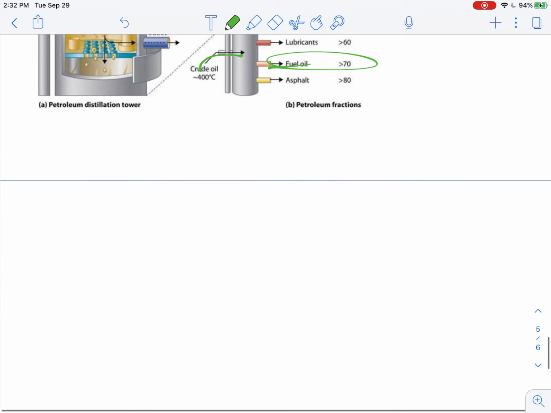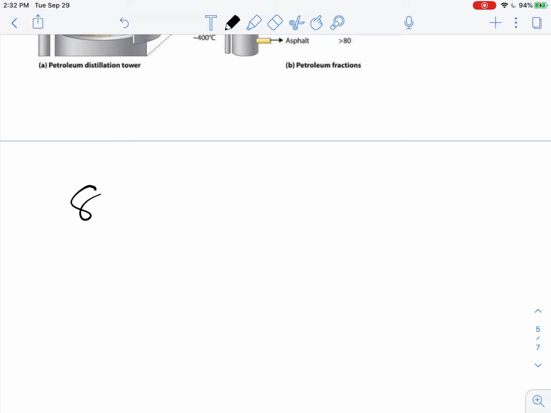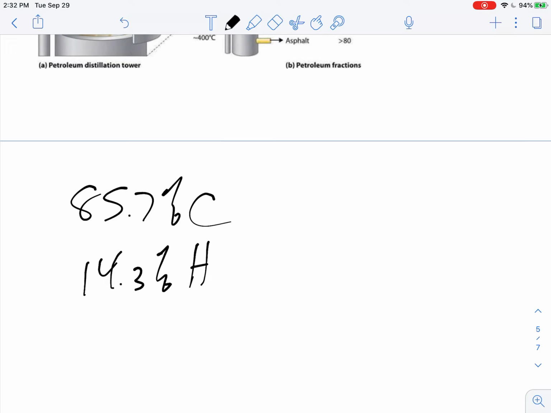So what I have done is I have told you that the substance is 85.7% by mass carbon and 14.3% by mass hydrogen. You should think back to last unit when we did empirical and molecular formulas. So I'm going to assume that I have 100 grams of this, and if I do, then that's that many grams of carbon and that many grams of hydrogen.